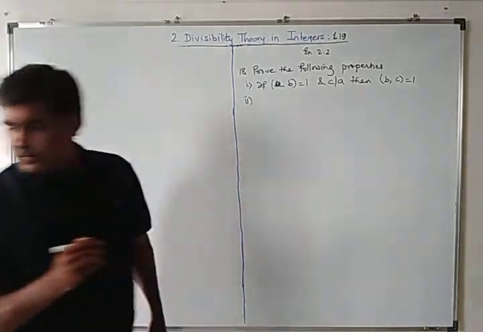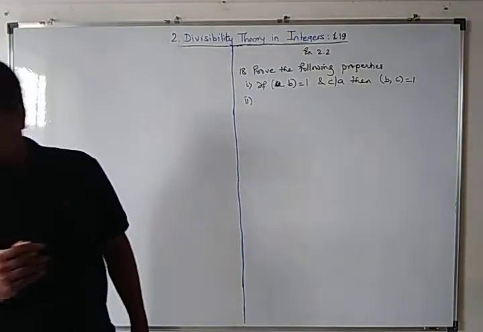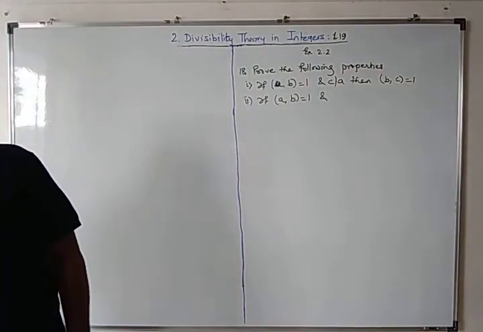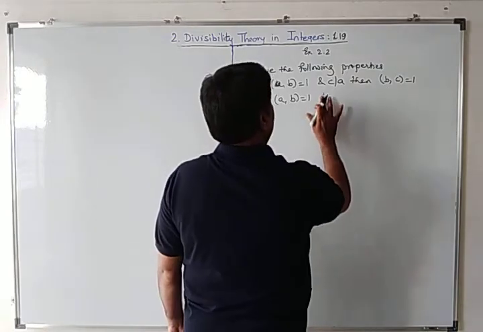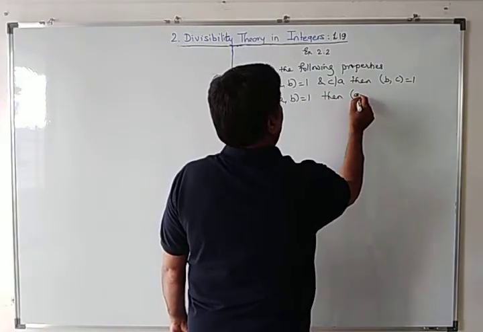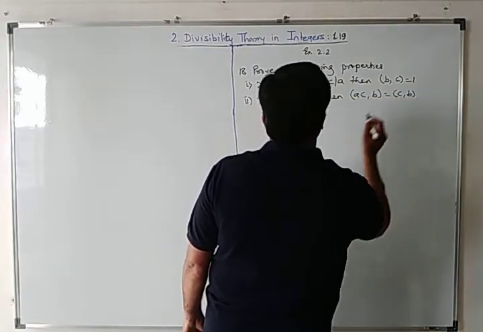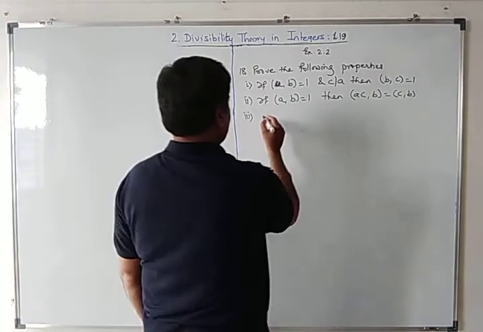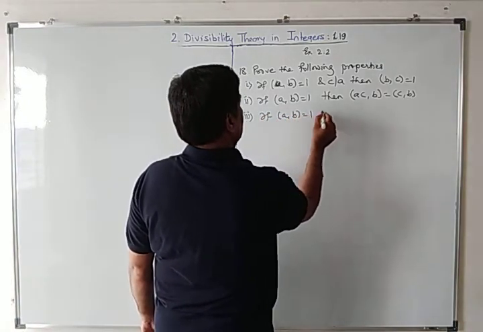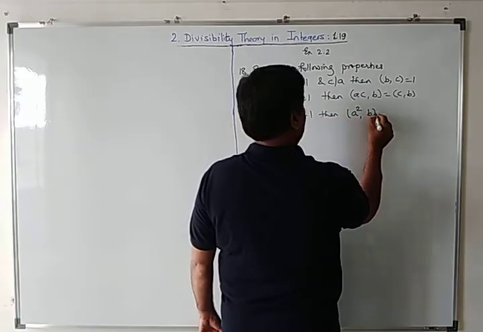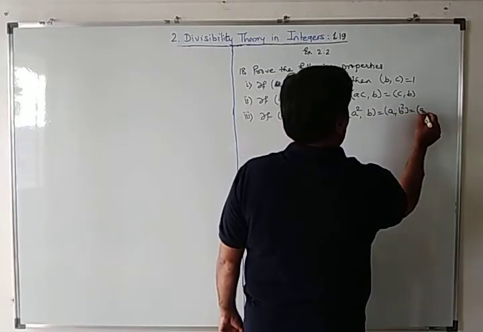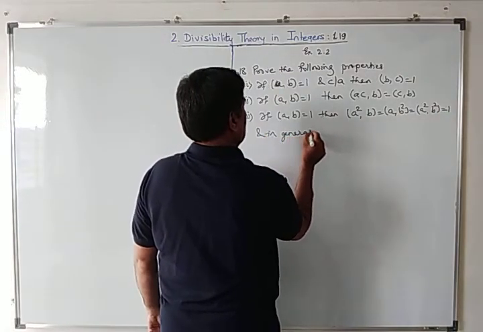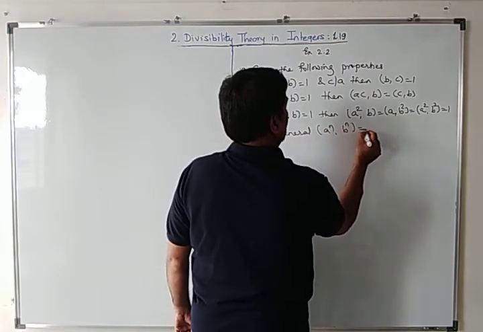Second, if GCD of A, B is equal to 1, then GCD of AC, B is equal to GCD of C, B. Third, if GCD of A, B is equal to 1, then GCD of A square, B is equal to GCD of A, B square is equal to GCD of A square, B square is equal to 1, and in general GCD of A raised to n, B raised to n is equal to 1.